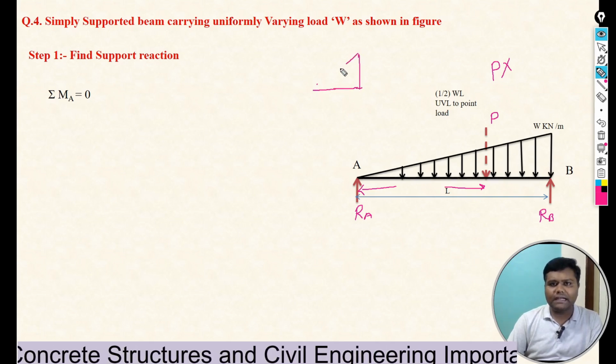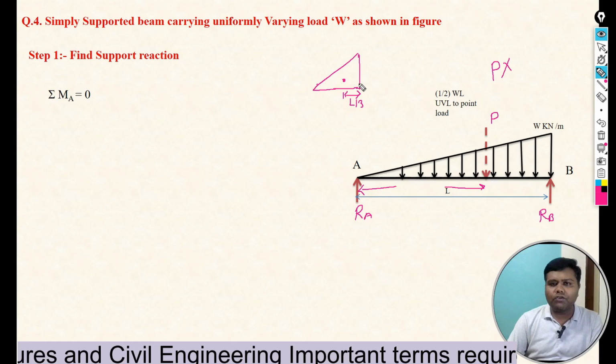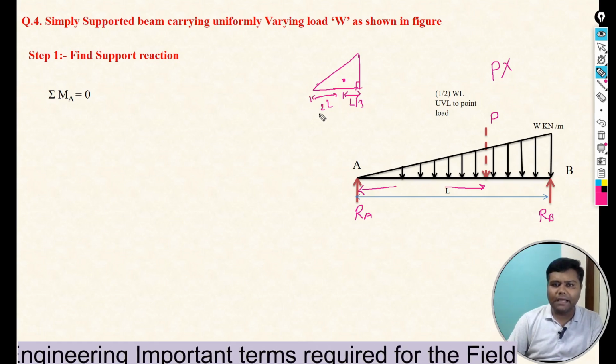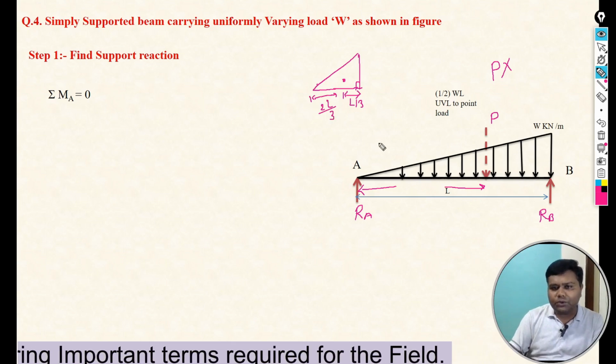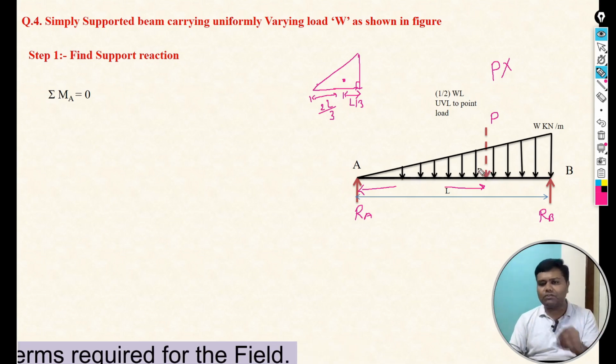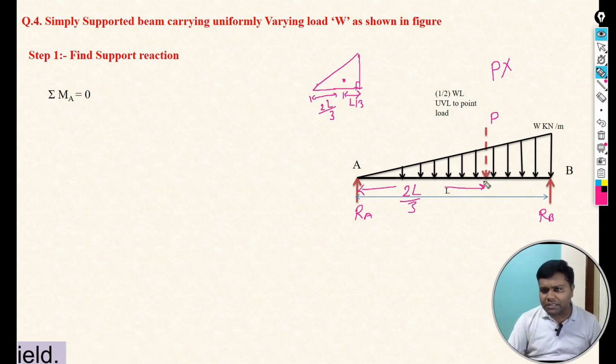For any right angle triangle, the CG is L by 3 from the right end and 2L by 3 from the other end. So the perpendicular distance of this imaginary force from point A is 2L by 3.